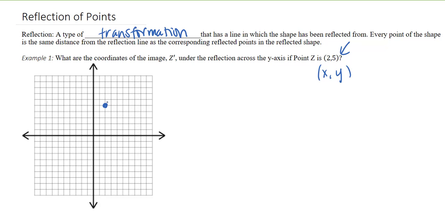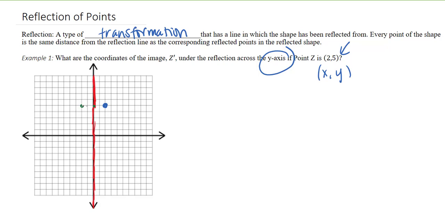Now, it is saying that we are doing the reflection across the y-axis. So let's make sure that this is our y-axis. If we're doing a reflection, it's going to be the same distance from this line here. If it's over 2, then it needs to go over to the left 2.